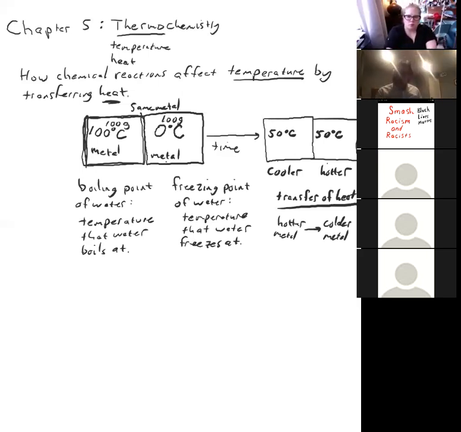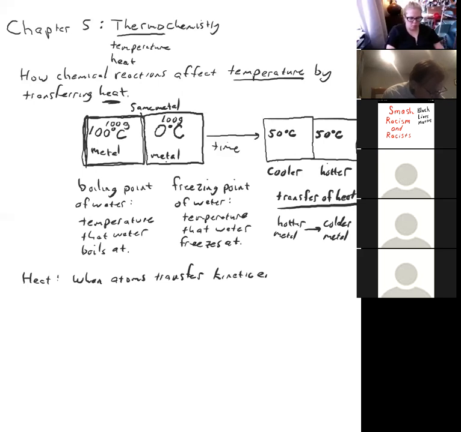Now, what is this heat? I mean, notice what I'm saying. We're transferring heat. What does that mean? All we know at this stage is that one got hotter and one got colder. But what is this quantity that we call heat? So what we're going to claim is heat is when atoms or molecules transfer kinetic energy to other atoms.